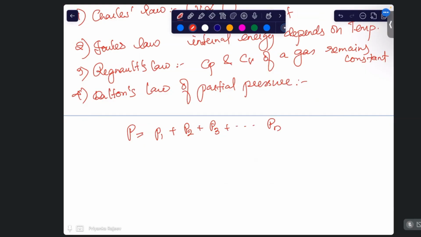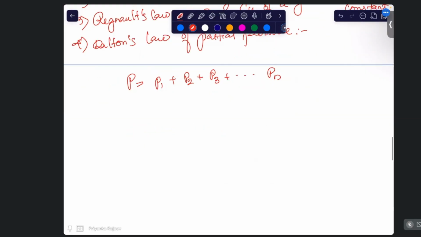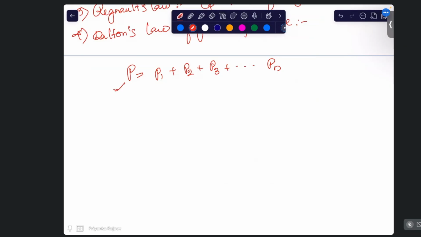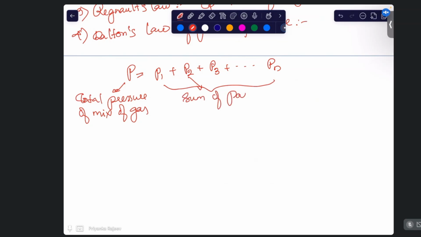Okay, that is Dalton's law of partial pressure.